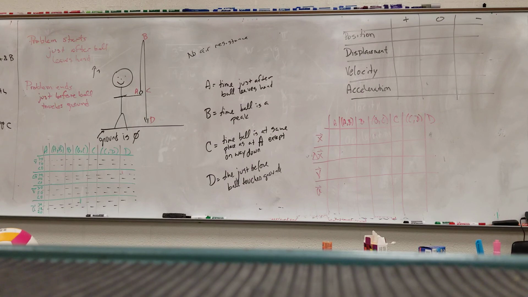Despite what some students have insisted on in the past, an object cannot have positive and negative velocity simultaneously at the same moment in time. Or some will try to convince me, it cannot have positive, 0, and negative all at the same time also.